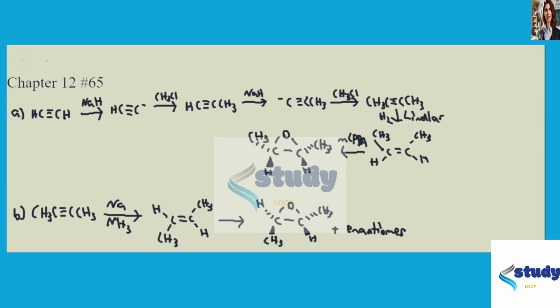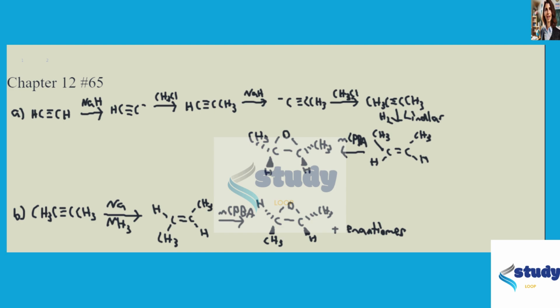So really, to get started, we just need to remember how to make carbon-carbon bonds, starting from an alkyne, and so we deprotonate it and react it with methyl chloride, and then do that a second time. Then we have our 4-carbon chain with the alkyne in the middle, and then from there it's just a matter of picking the right reduction for the intermediate that we want, whether that's cis or trans.